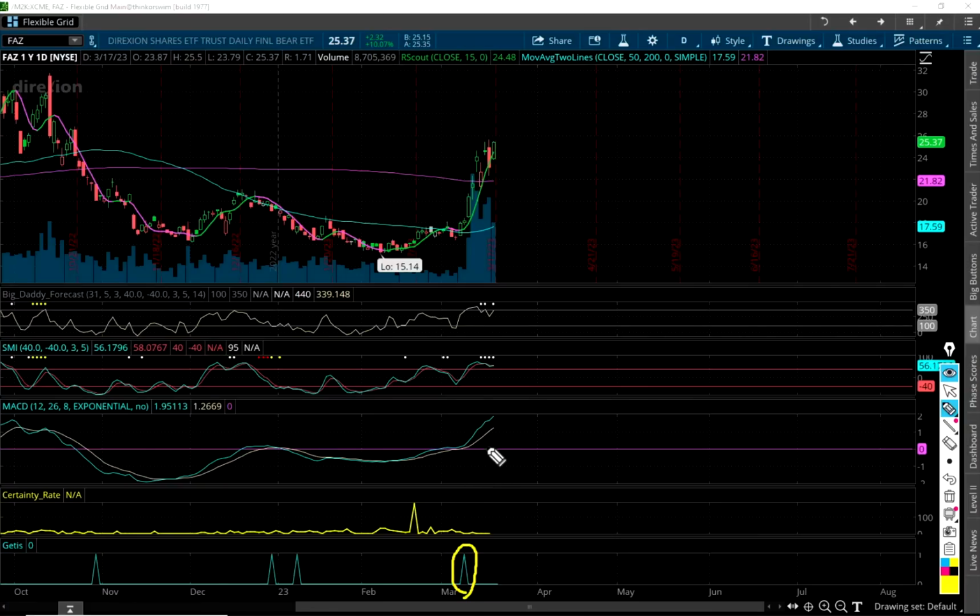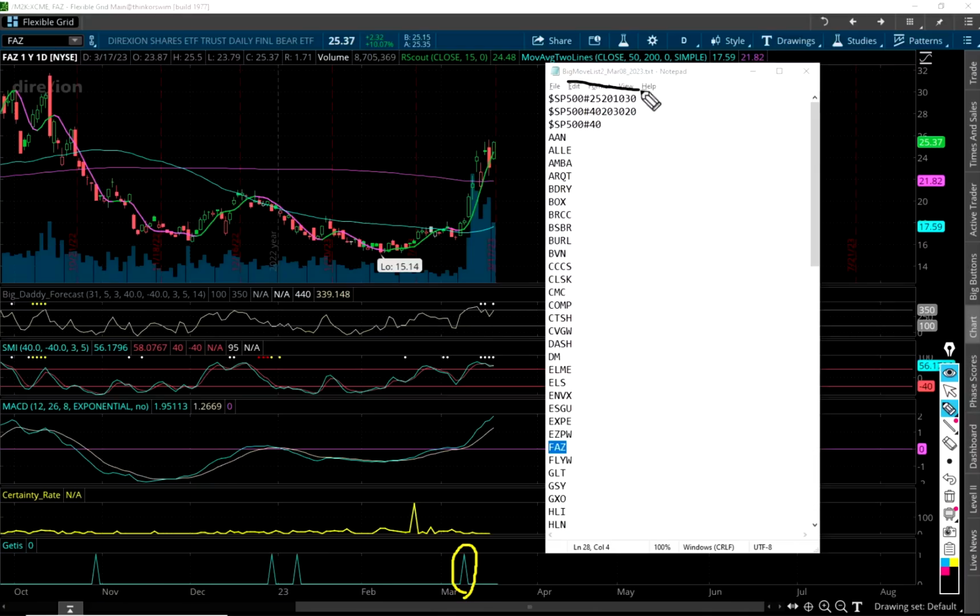Let me go over to the symbols list, and I'll show you it real quick. Okay, here's a file that I put out every night for the members. This just happens to be called Big Move List 2. You may not be able to see it, but this is for March 8th. Okay, and in here, you'll notice right there, the FAZ symbol was included. The algorithm picked out all these symbols, and here's FAZ.